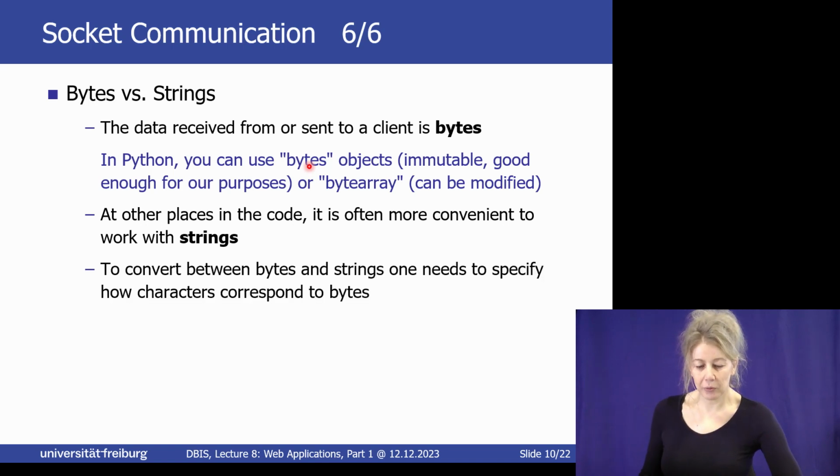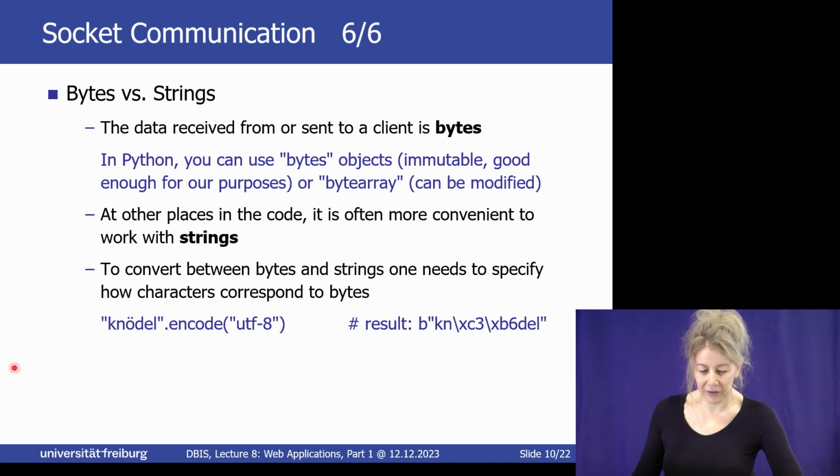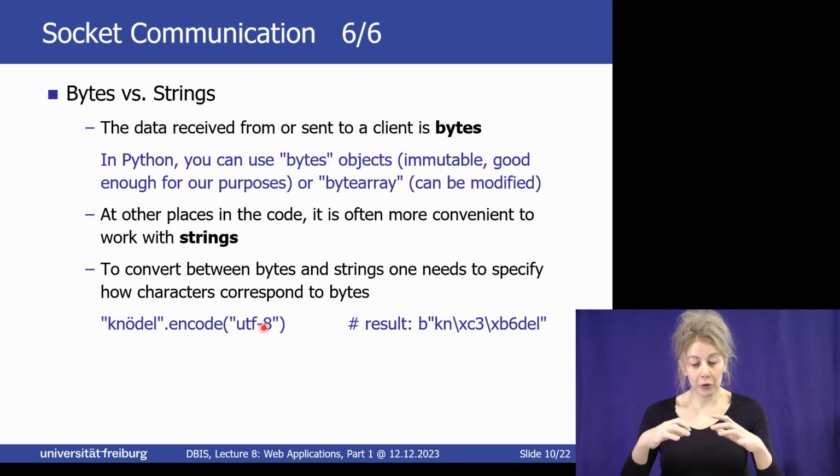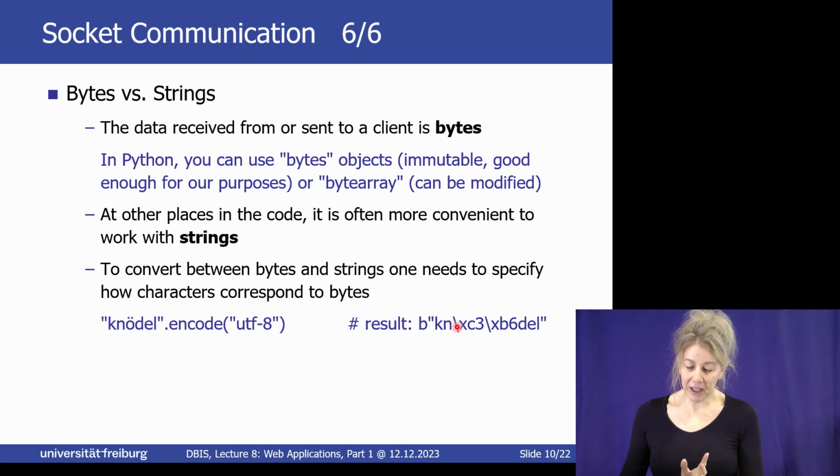What's the difference between strings and bytes? Well, here's an example. Knödel is a string, right? Ö is a German umlaut, and when you represent it in bytes, for example in UTF-8, we will talk about that in the next lecture. How do you encode funny characters in bytes? Well, in bytes, the Ö actually is 2 bytes. So it's the bytes with the hex code C3 and B6.